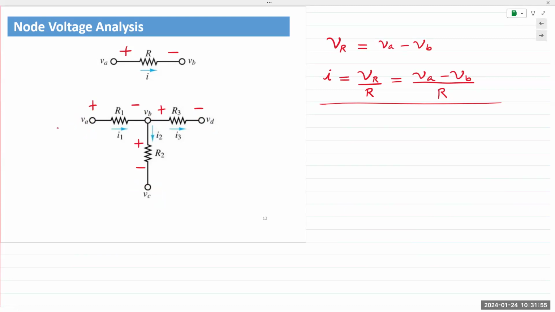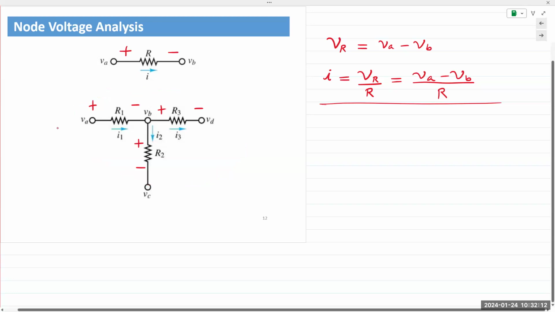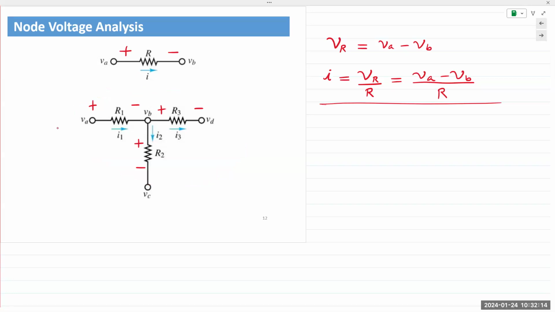It is not talking about the relationship between the node voltages itself. These plus, minus signs are only referring to that individual resistor. Does that make sense to everyone? Do not get confused with node voltages. So I have VA, VB, VC, and VD. This is not a large circuit, just a small example.